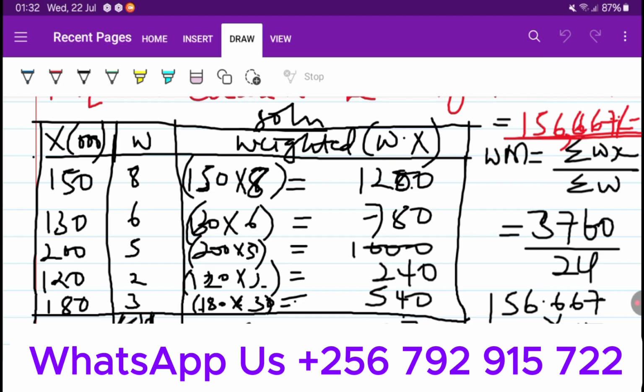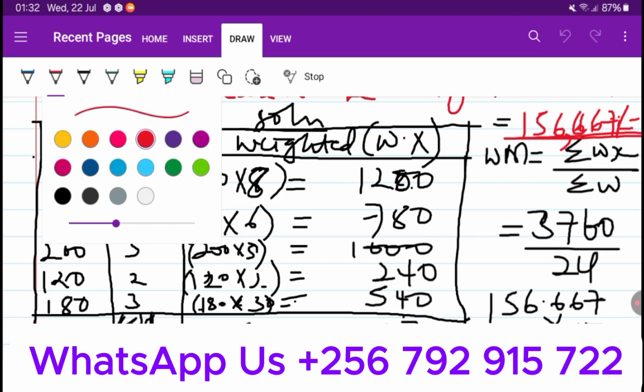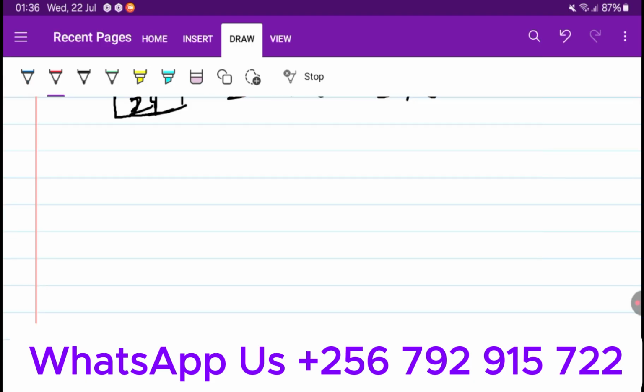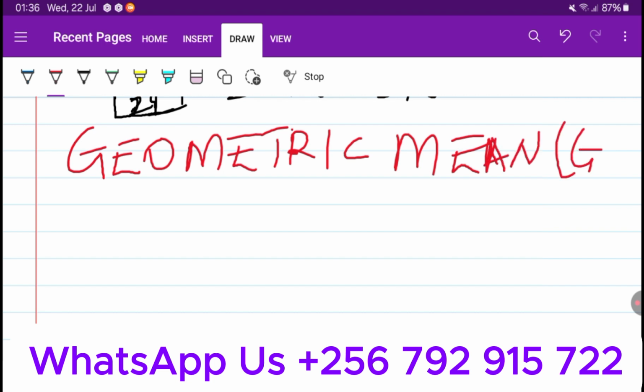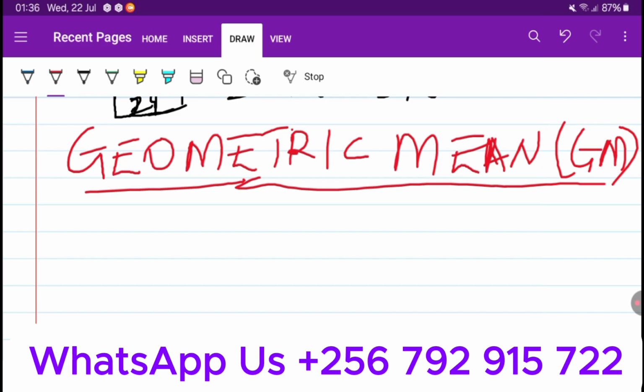So let's look at the geometric mean. We can use GM as the abbreviation. Geometric mean.